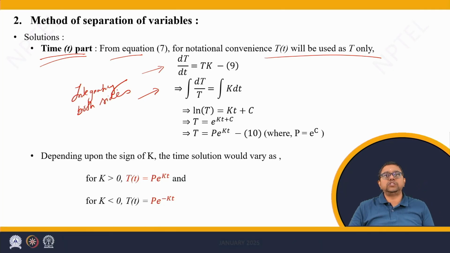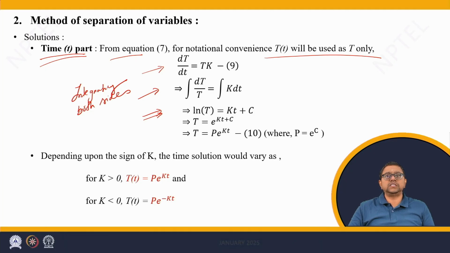By integrating both sides, we have the integral of dT by T equals k dt. This gives the natural logarithm of T equals kt plus c. This can be further derived into T equals e to the power kt plus c.